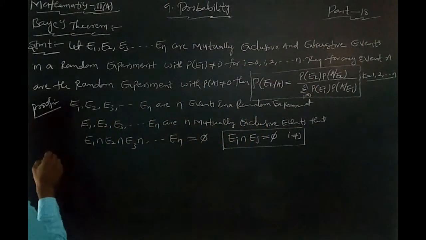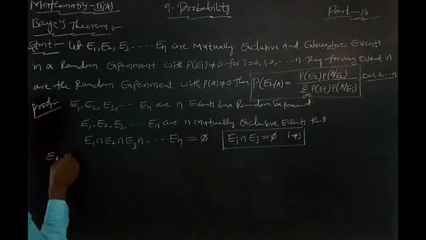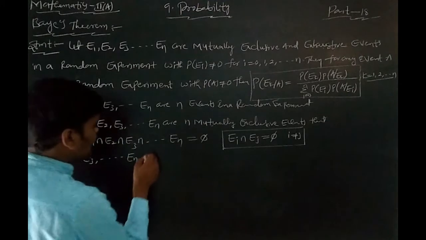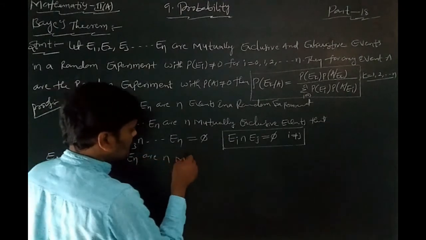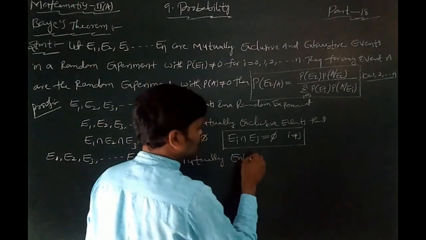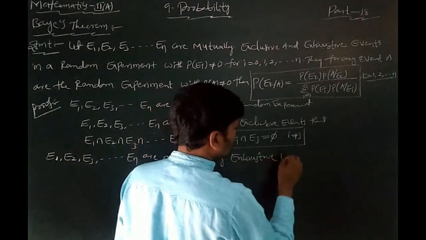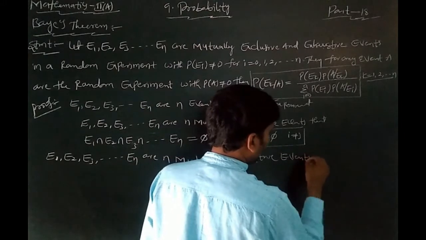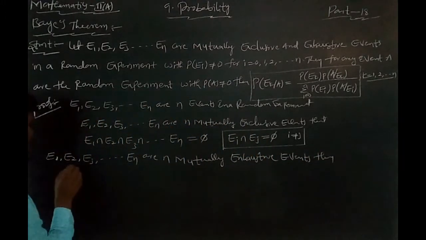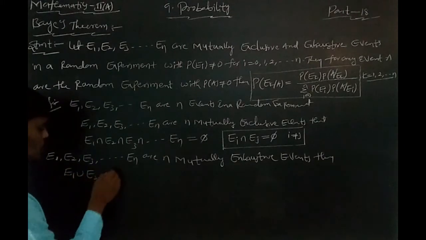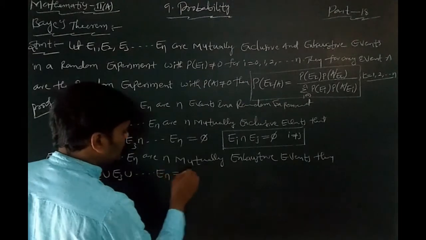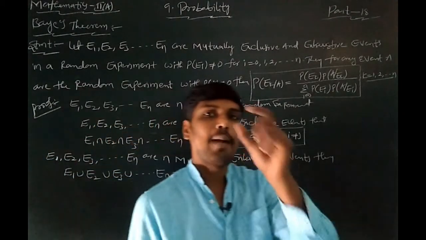That's why you can write E1, E2, E3, and so on up to En are n mutually exhaustive events. Then E1 union E2 union E3 and so on up to En is equal to the sample space.